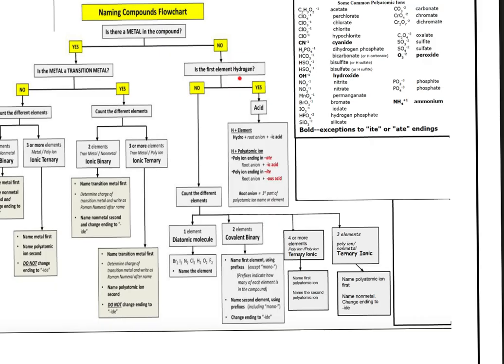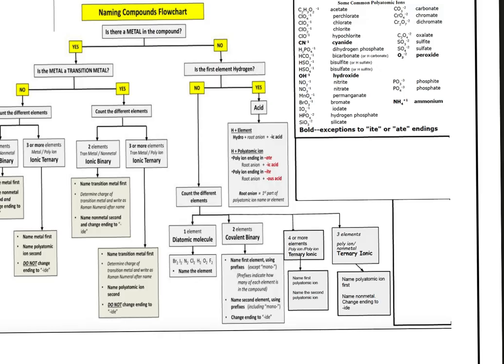Well, if the first element's hydrogen, yes, there are 2 nonmetals, but hydrogen being first makes it an acid. So that has the special rules. If the first element is not hydrogen, that means it's a molecular compound, so you are going to follow the naming rules that we have gone over today, okay?